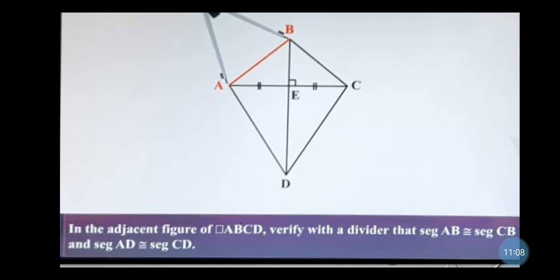In the adjacent figure of quadrilateral ABCD, verify with the divider that seg AB is congruent with seg CB and seg AD is congruent to seg CD. So when you measure with the divider or with the ruler, you will get that AB is equal to BC and AD is equal to CD.